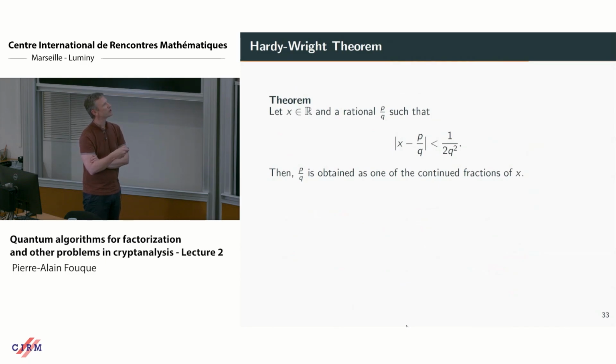If you have some fraction that you are looking for, and the fraction satisfies this inequality, where the distance between the two is below 1/2 divided by q squared, then if you compute the continued fraction of the value x, one of the convergents of this fraction will be exactly the good fraction that you are looking for.